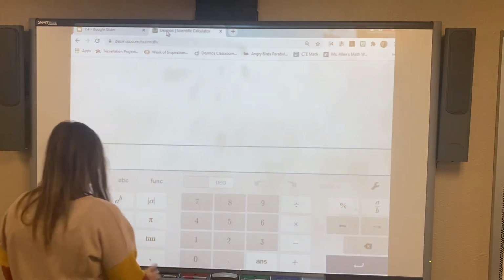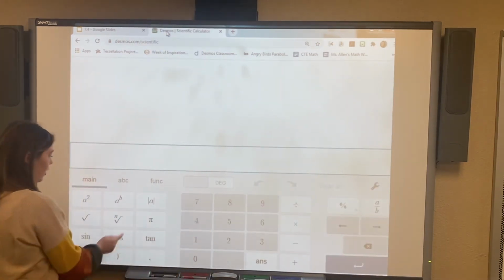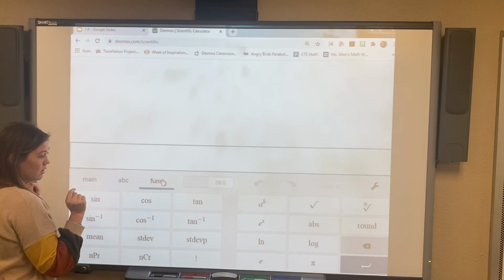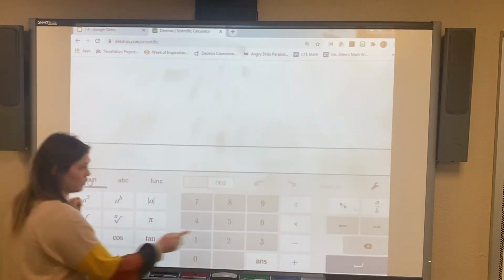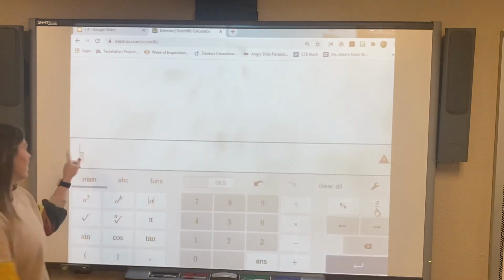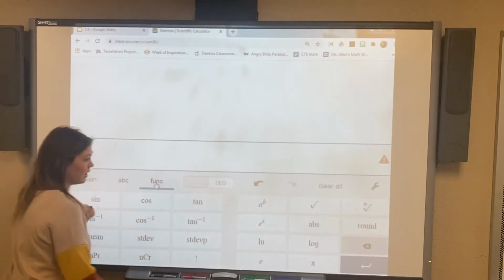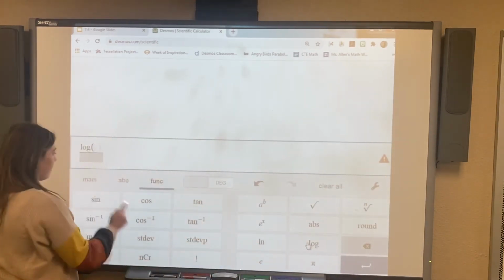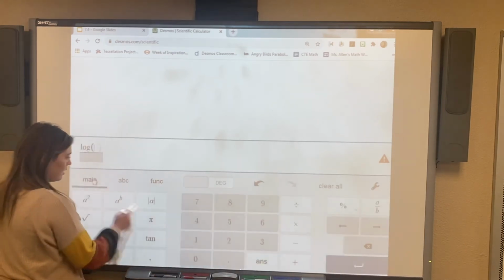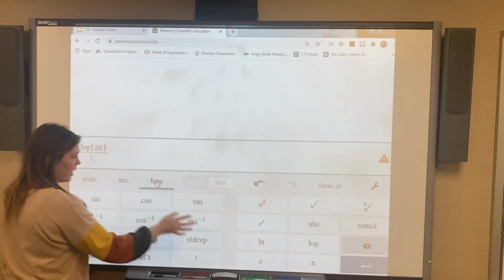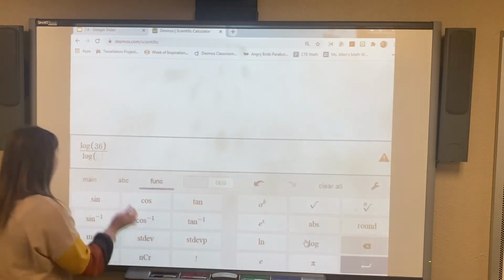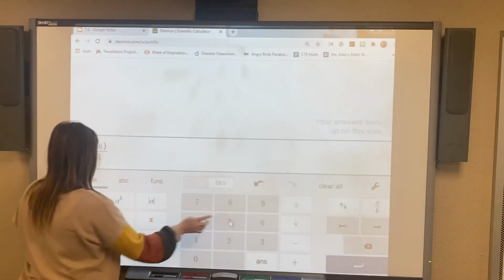So this is Desmos. If you go to function, here's log. I'm going to go back and hit fraction, so that a fraction pops up. Then I'm going to go to function and say log of 36. At the bottom, we're going to say log of 5.